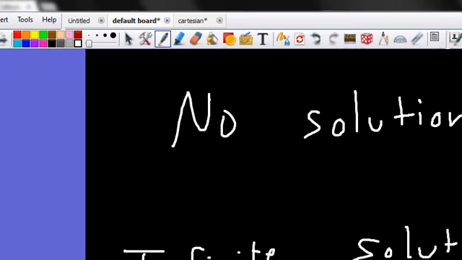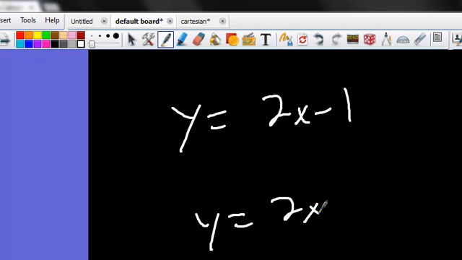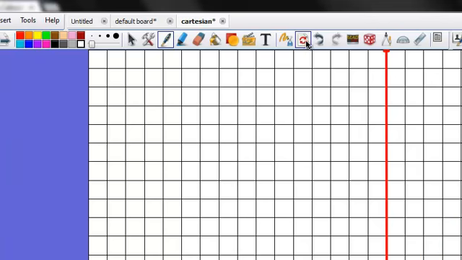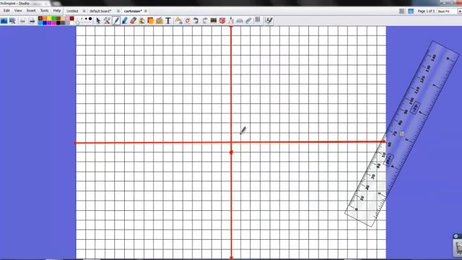We need an example of that. y equals 2x minus 1, y equals 2x plus 2. If we go and graph those, 2x minus 1, so here's 1, up 2, right 1, up 2, right 1, up 2, right 1.